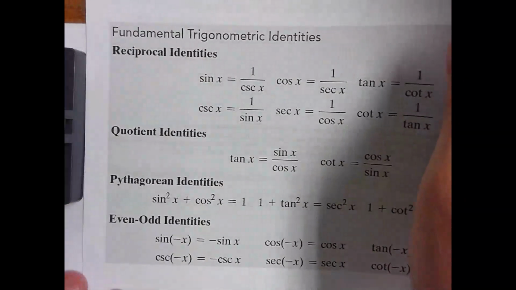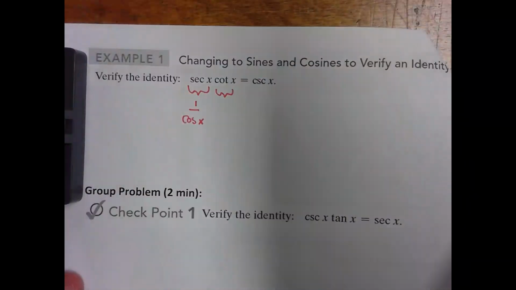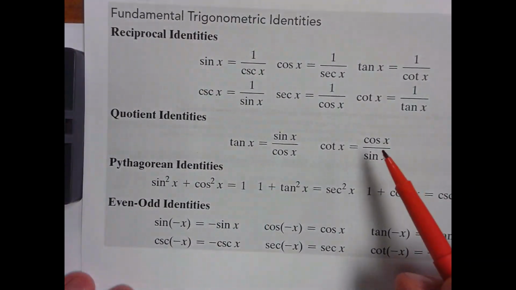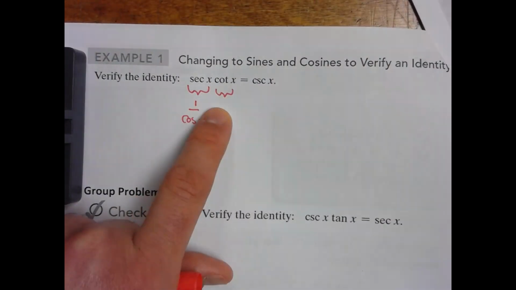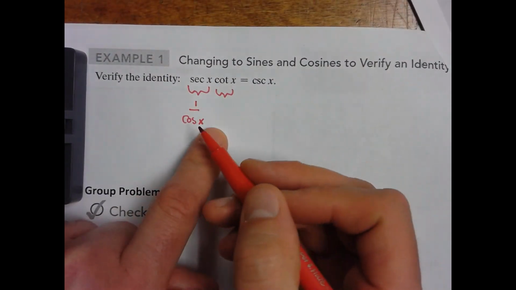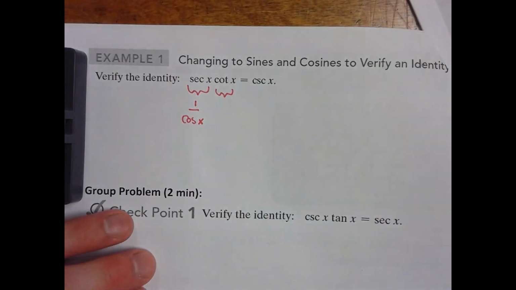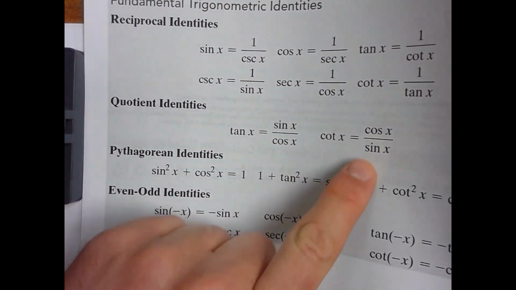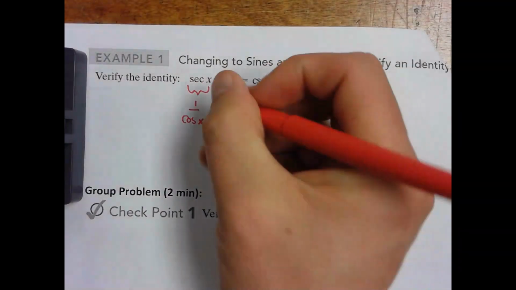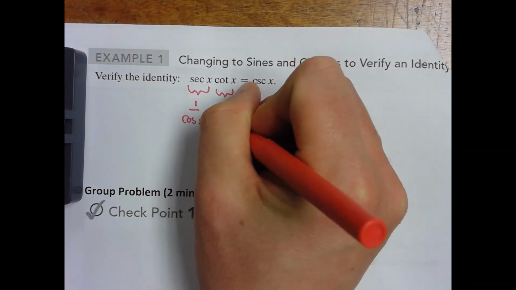But I'm also seeing that I can rewrite cotangent of x as cosine over sine. And I'm like, if I write it as cosine of x over sine of x, maybe I can get this cosine of x to divide out. So I'm going to use that quotient identity, that cotangent of x equals cosine over sine, and rewrite cotangent as cosine of x divided by sine of x.